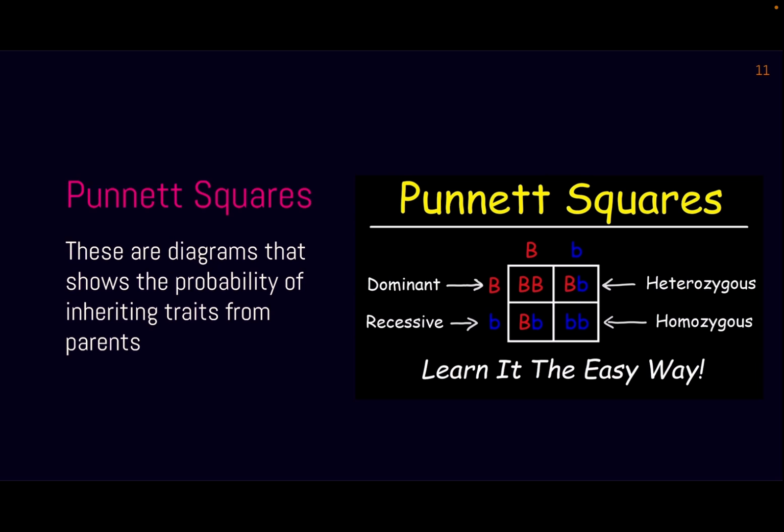And then if we asked what are the chances of you having a homozygous recessive child, that would be 1 out of 4 chances, which is 25%. So this is why 2 brown-haired parents can sometimes have a blonde-haired child.